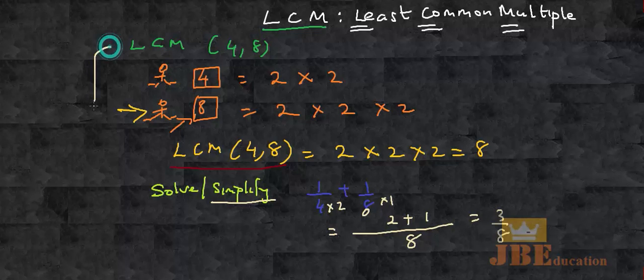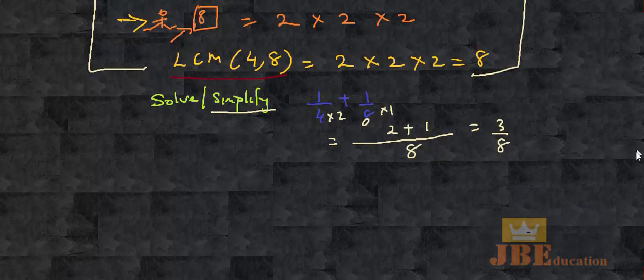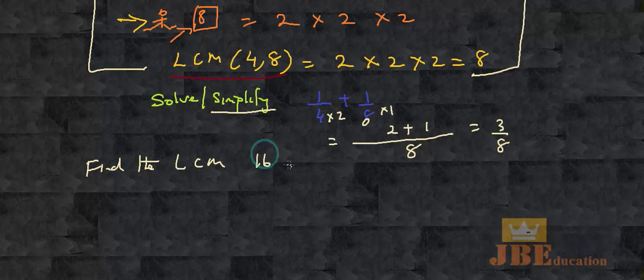But the main core of the understanding lies in how exactly LCMs are located. Maybe we can do another problem. Suppose you have a question: find the LCM of 16 and 24. Step 1, always ensure that you represent a number using its prime factors.